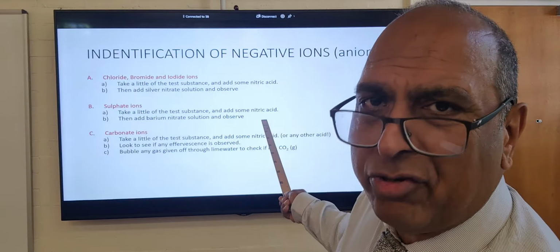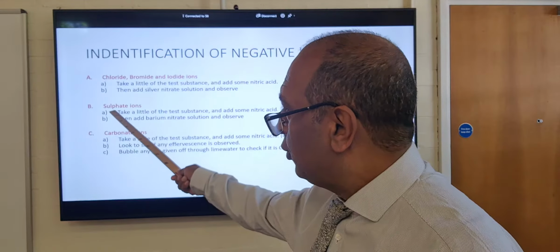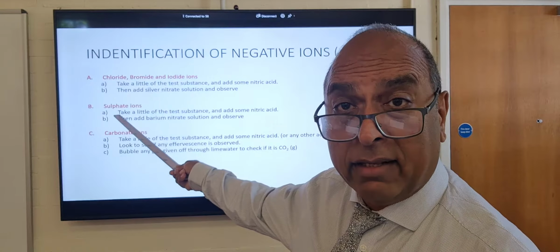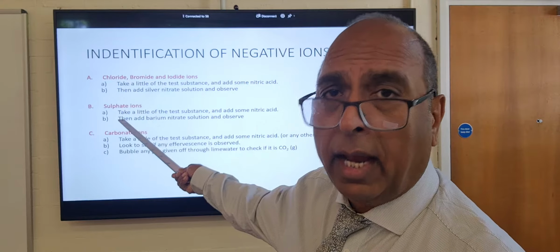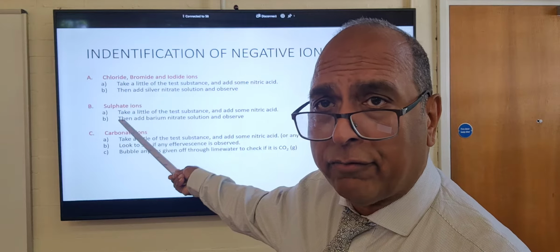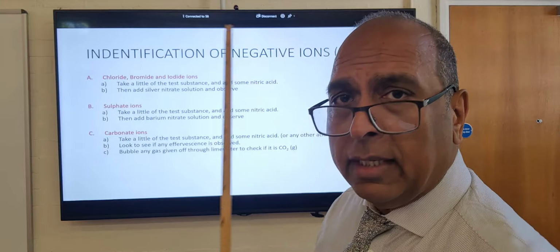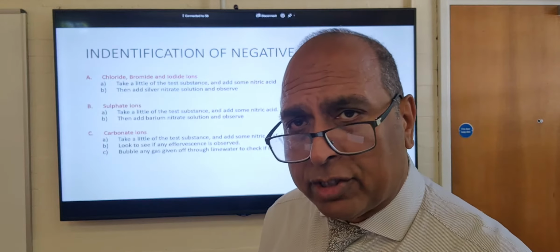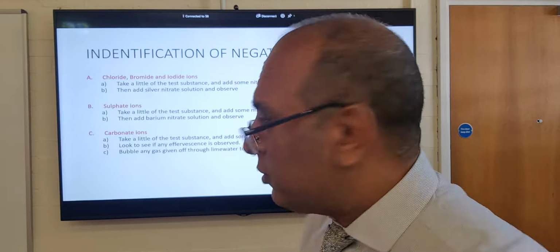That's why I put nitric acid there. We want an acid that's not sulfuric, because sulfuric acid itself has sulfate ions in it, H2SO4. SO4 2- ions are present in sulfuric acid. Don't use that. But use nitric acid to stop any false positives, or you could use hydrochloric acid. That would also stop any false positives.